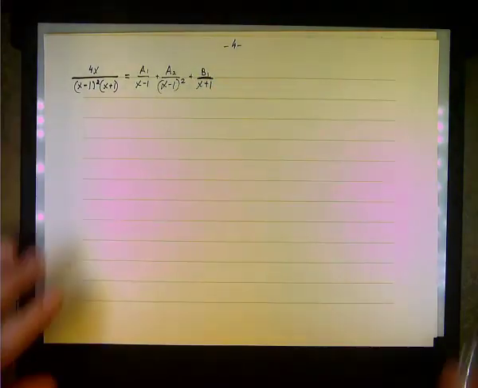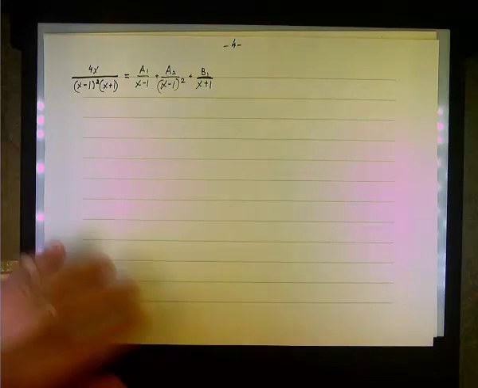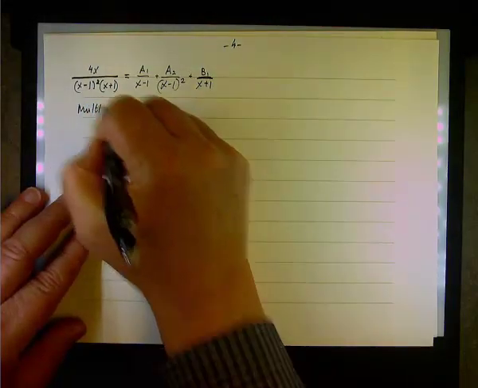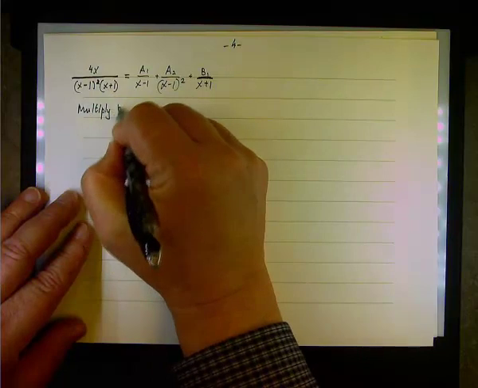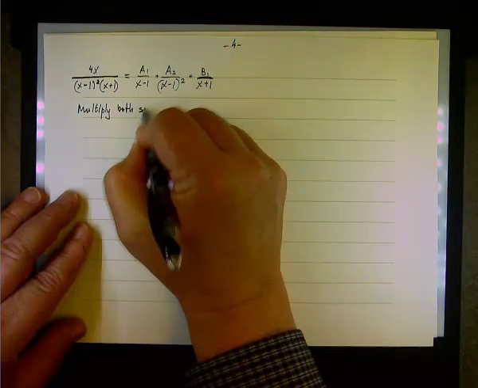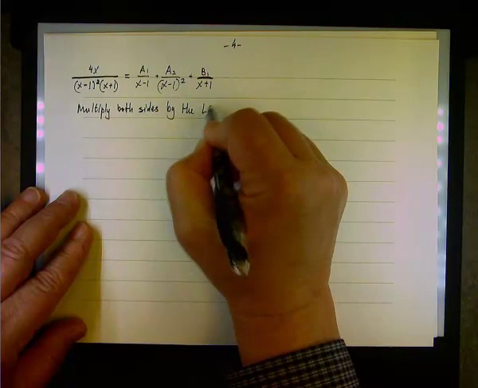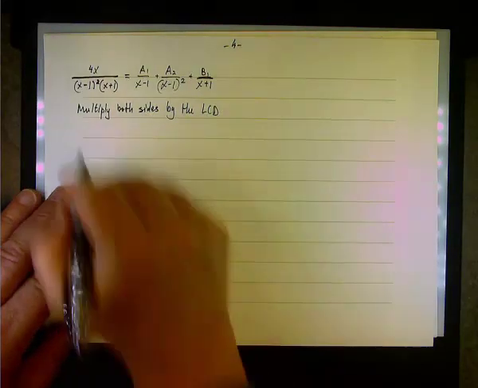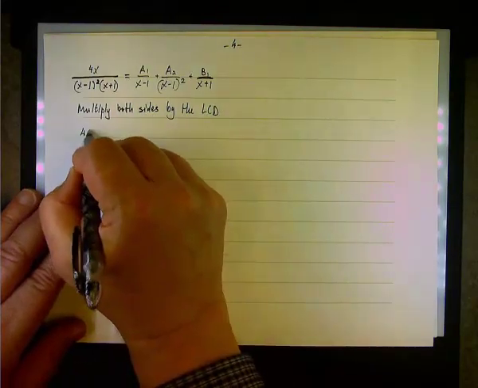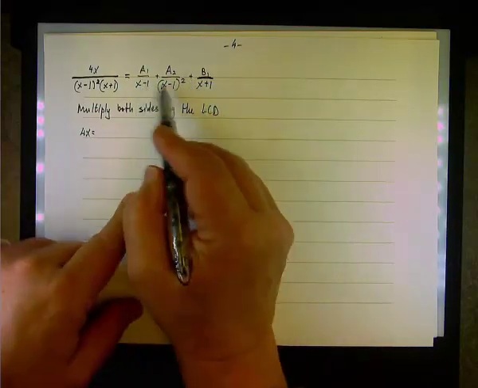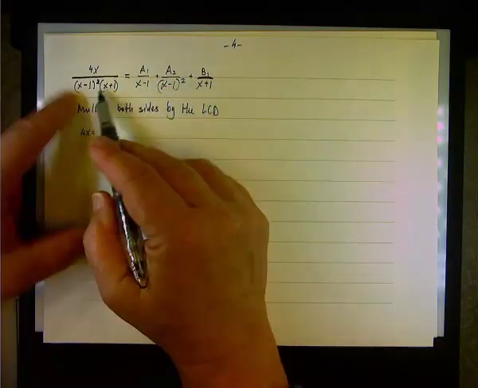As before, we're going to multiply by the LCD. And we lose the denominator. On the left side, we'll have 4x. On the right side, remember, this is the common denominator right there.